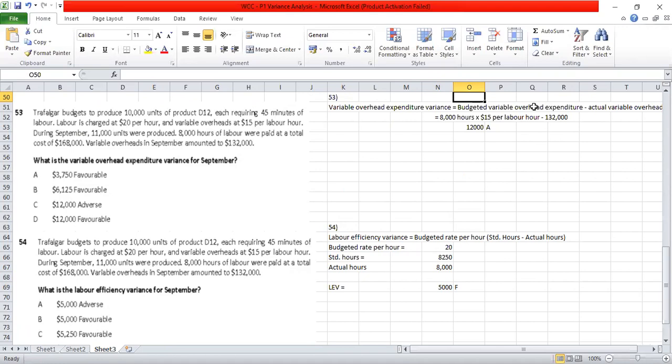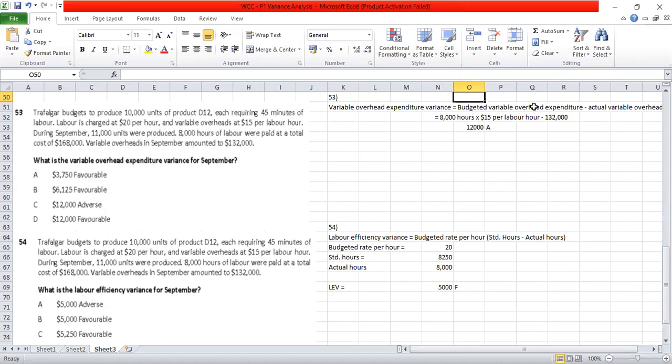But that can happen only in case of fixed overheads, because they do not vary proportionately with the output. Therefore, we take that fixed budget and compare it with the actual. That becomes a part of the planning variance. At the time of planning, they anticipated only this much would be incurred but something else was incurred. So this is applicable only in case of fixed overhead budget variances.